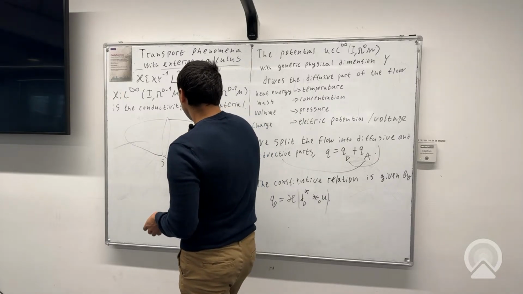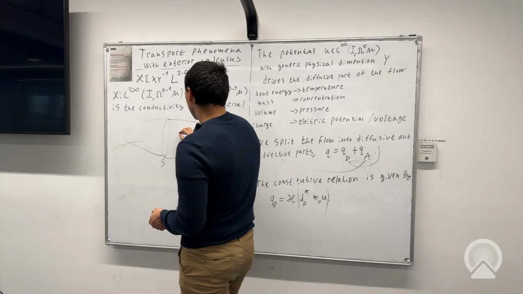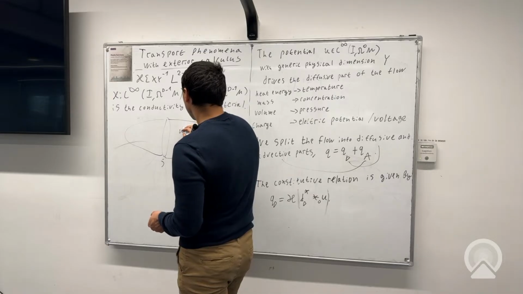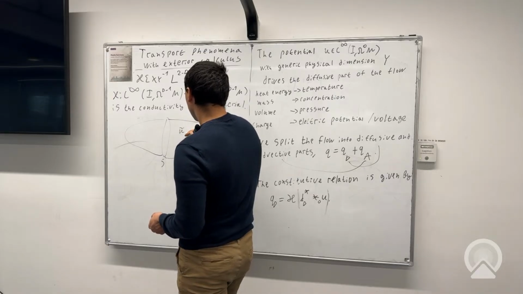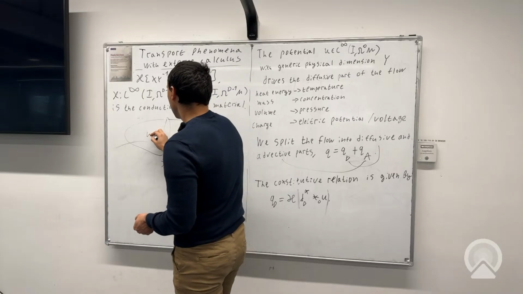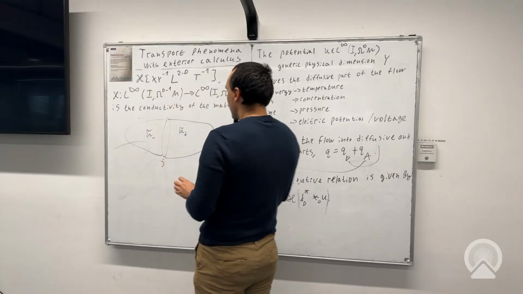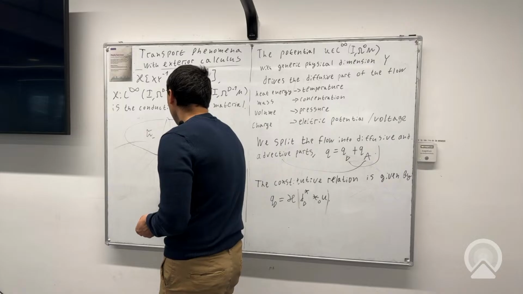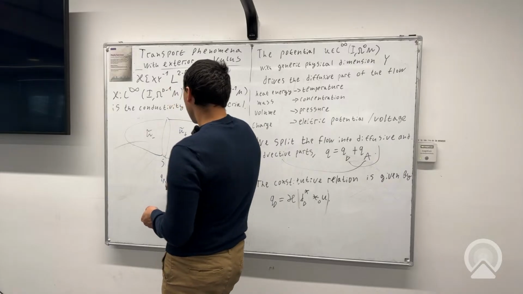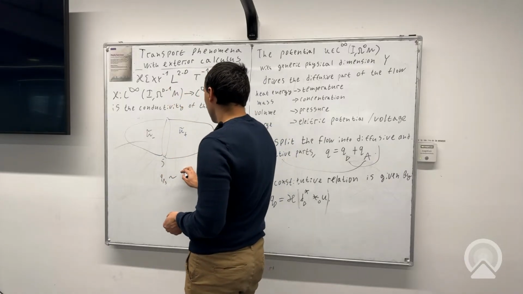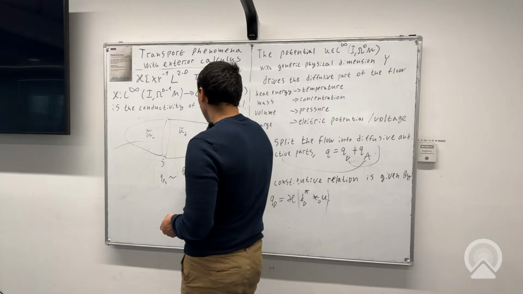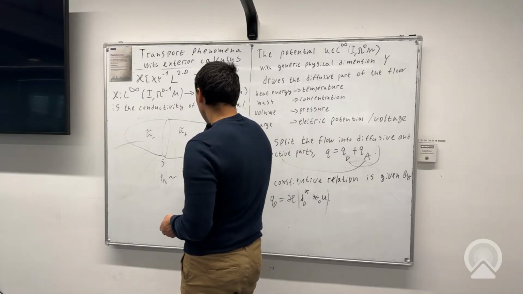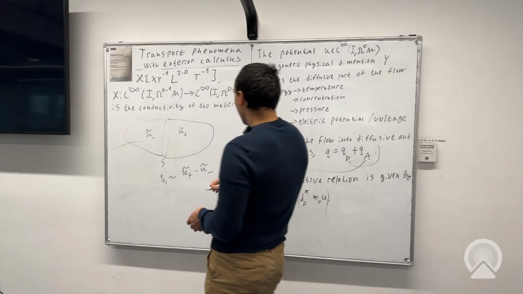So this has, for example, U tilde plus, U tilde minus. So we have something like Q with respect to S is proportional to U tilde plus minus U tilde minus.